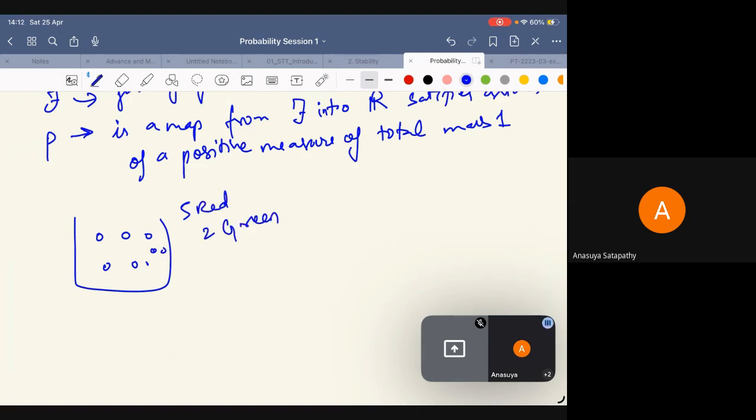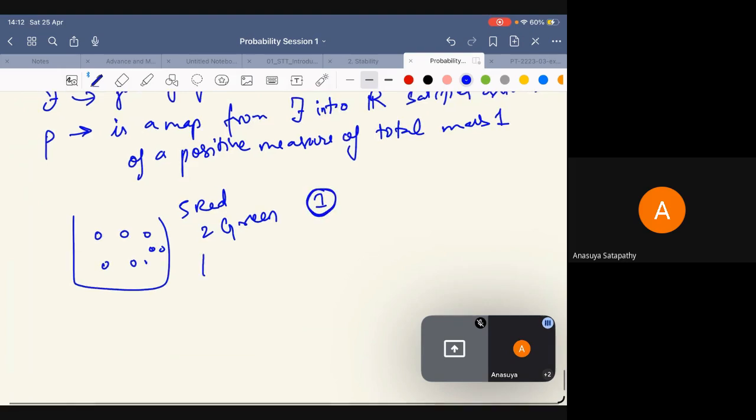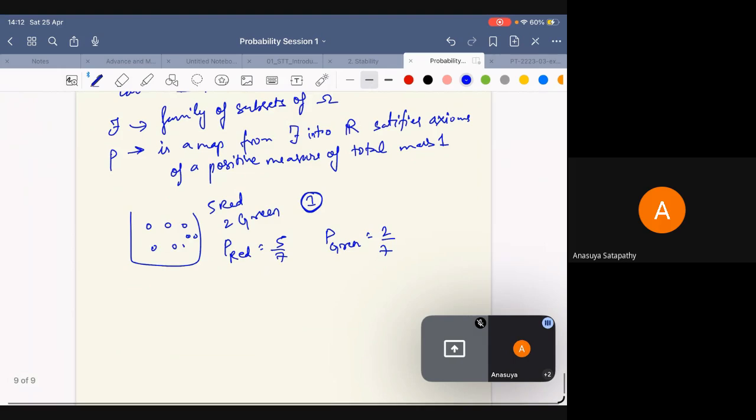What is the total probability? It will be 1. The maximum probability can be 1. What is the probability of a red ball? P(red) is 5 by 7. What is the probability of getting a green ball? It is 2 by 7.